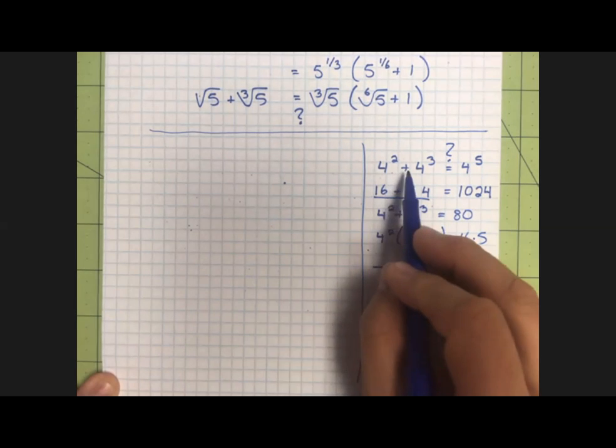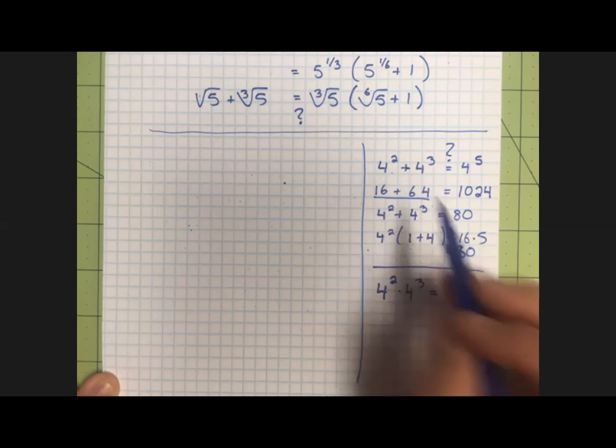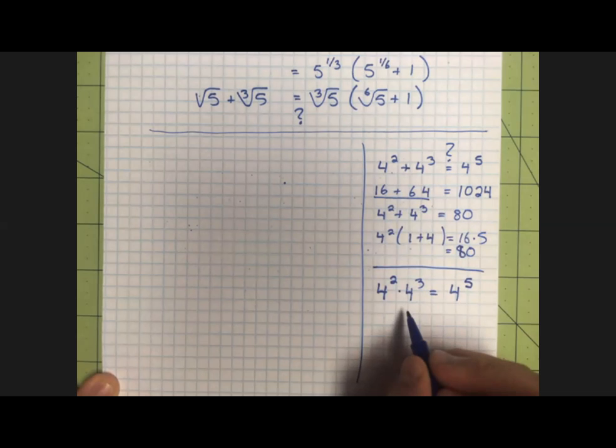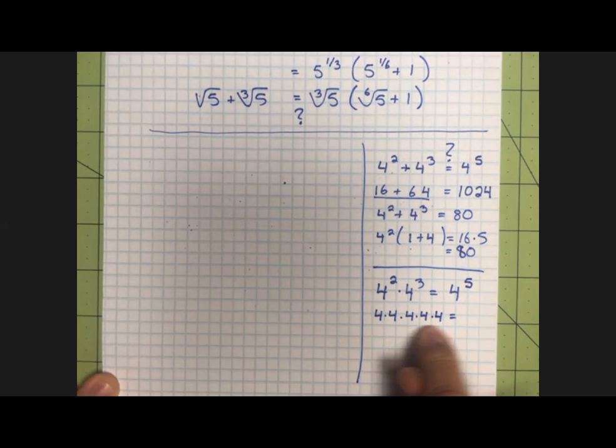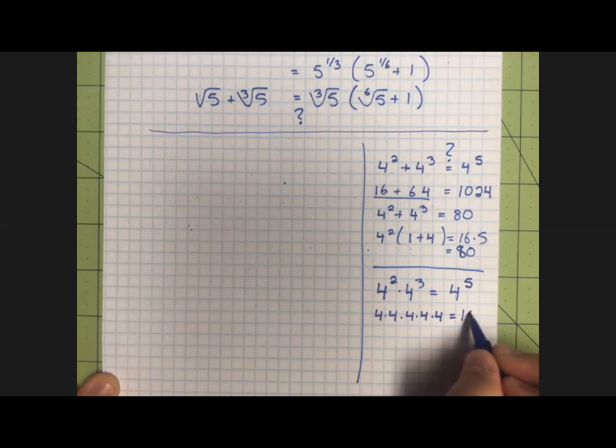But you never can add exponents separated by addition or subtraction. This is 4 times 4 times 4 times 4 times 4. That is 5 fours. And if you multiply 5 fours together, you do get 1024.